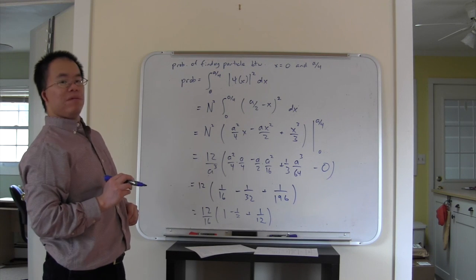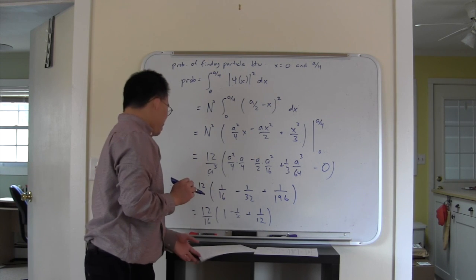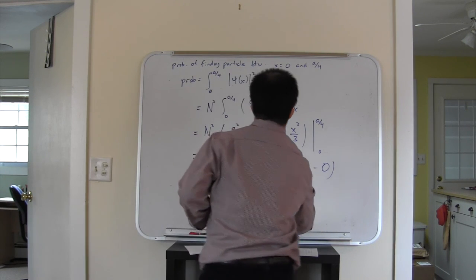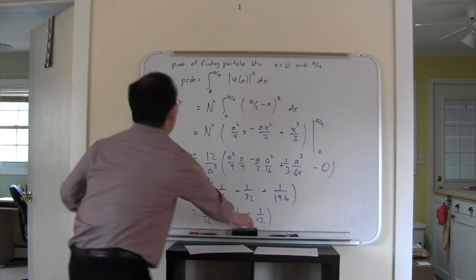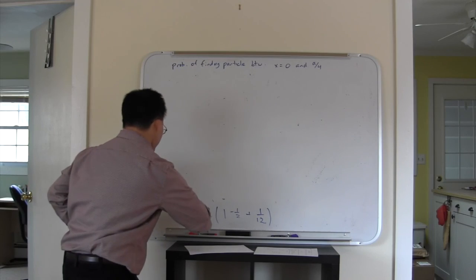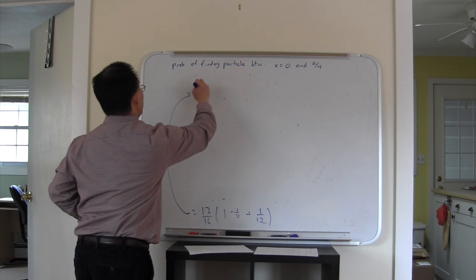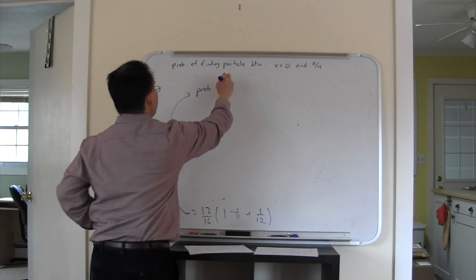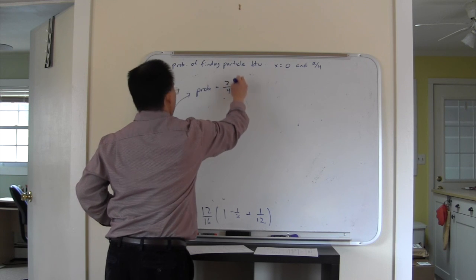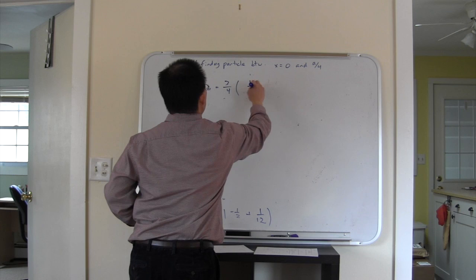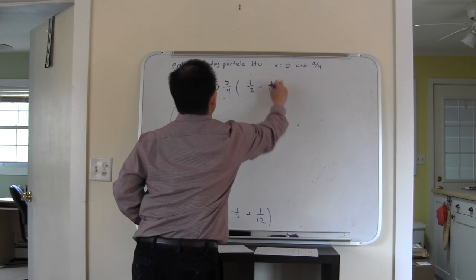And so we just need to simplify this now. Let's roll over to the top. So rolling back up here, we get the probability. That gives me 3/4. So 1 minus a half is a half, plus 1/12.